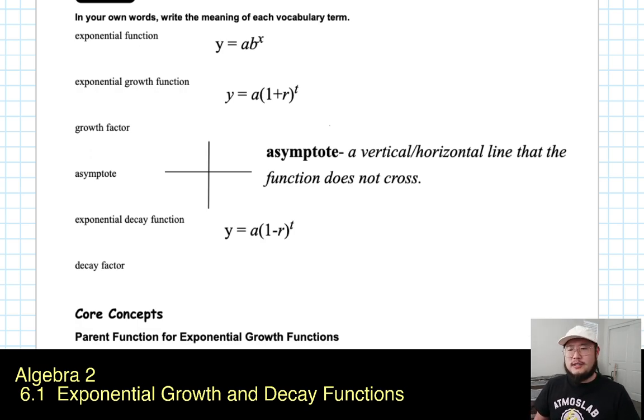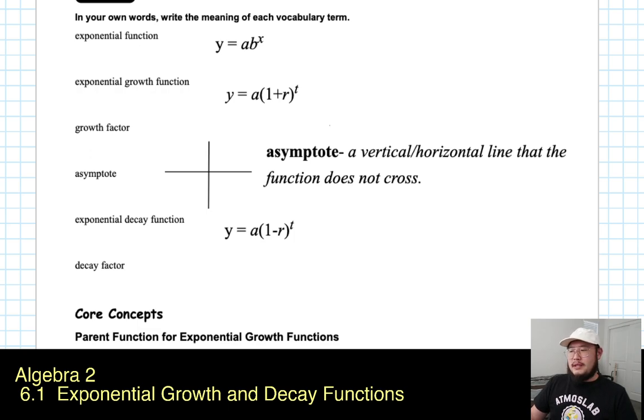So you got to make sure you understand what this function looks like and that it is an exponential function. But down below it, we have this exponential growth function. And what I want you to pay close attention to is this b that we have in the exponential function, our generic function right there, and how there is no b in the exponential growth equation. It's y is equal to a times parentheses 1 plus r to the t power.